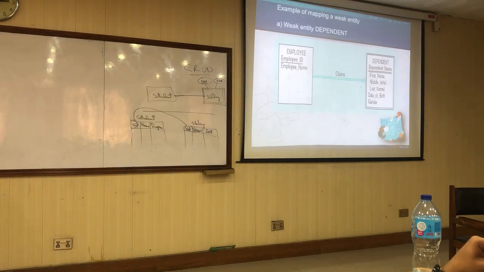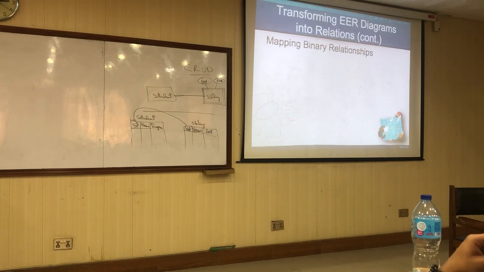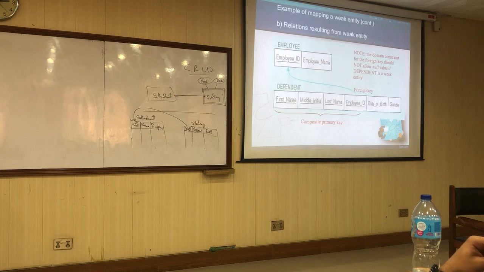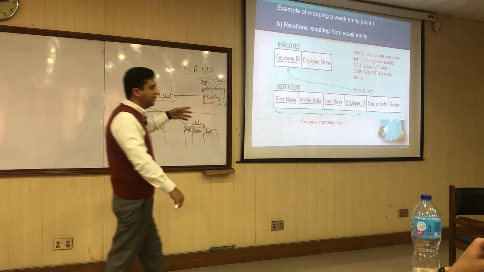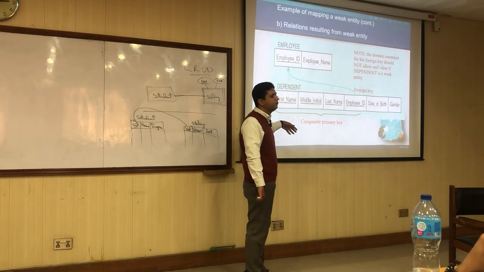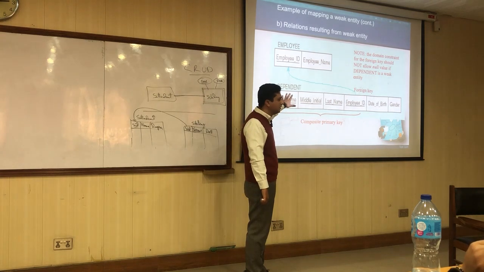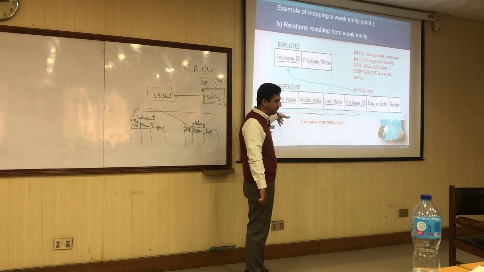So here is an example. We had an employee entity and a dependent entity. Okay, and dependent was a weak entity, and there was an identifying relationship between the employee and the dependent.